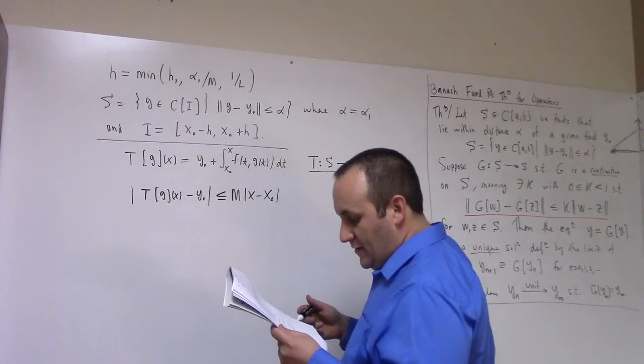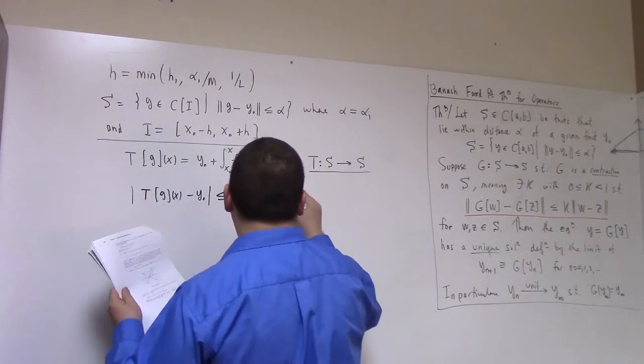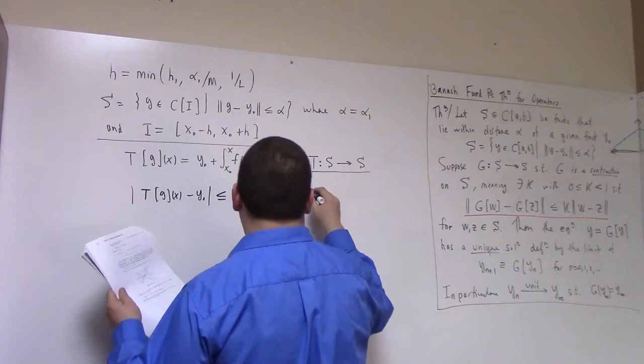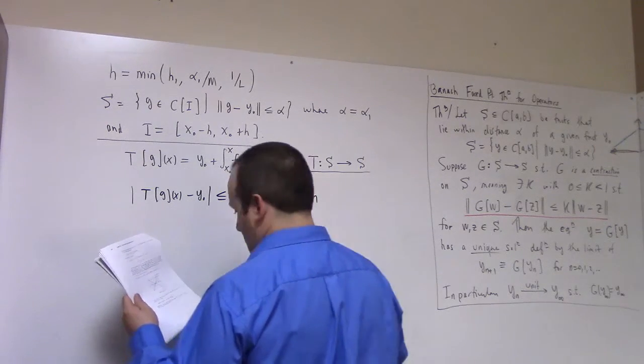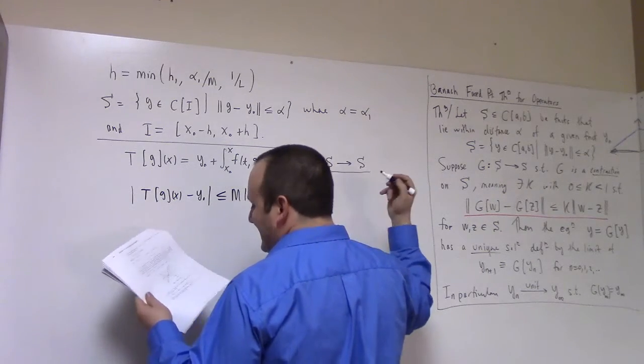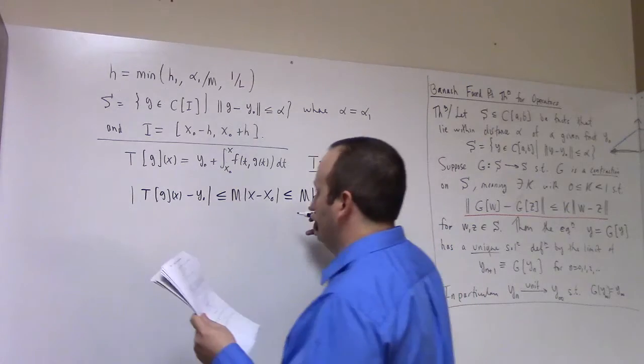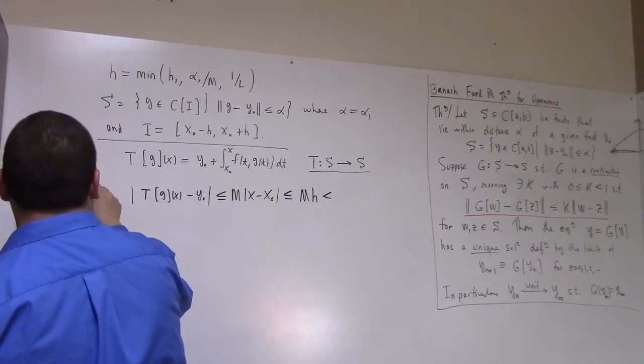Use your imagination. Now, this is of course less than or equal to mh. Do you see why? Because it's an interval. Exactly. It's because of the x. We should say x is an element of I.